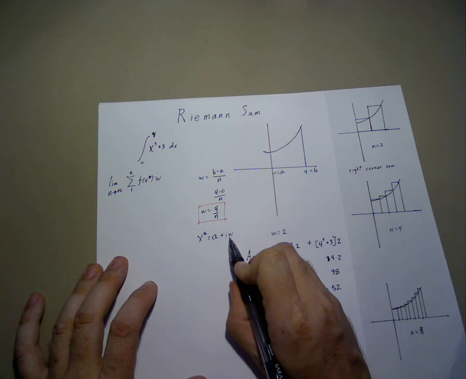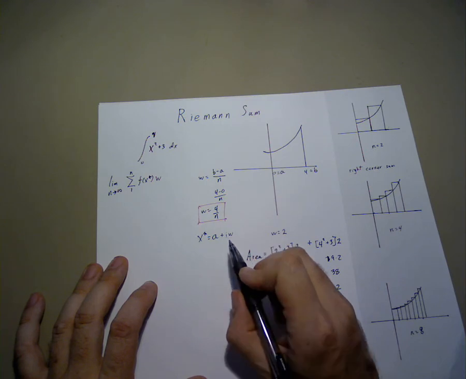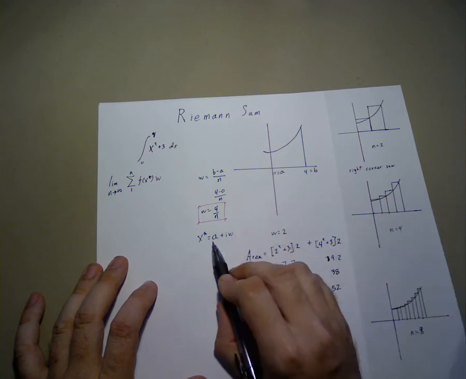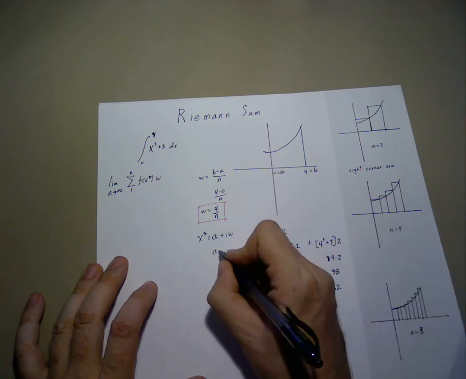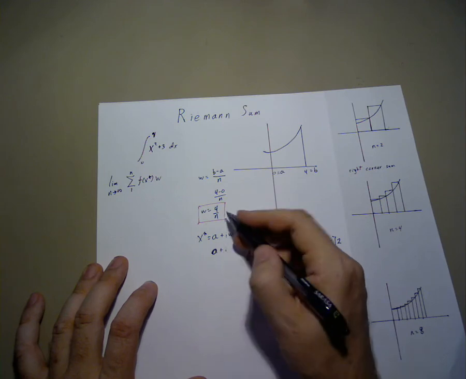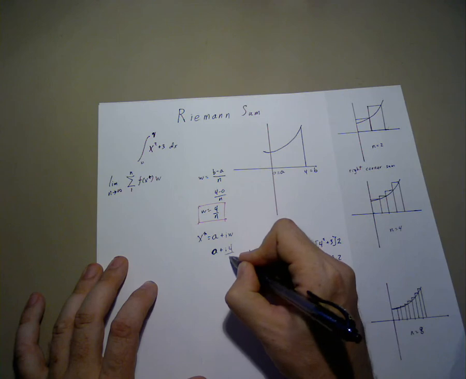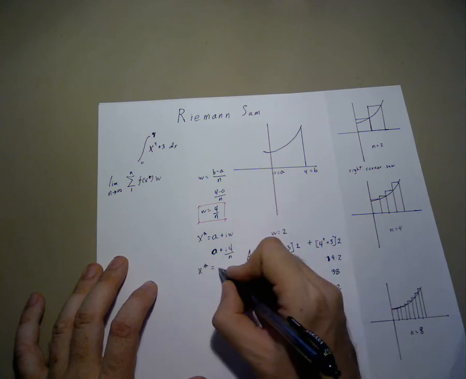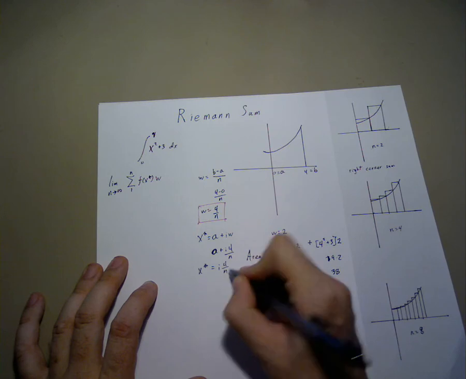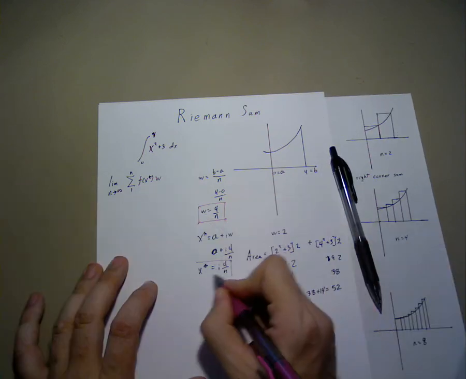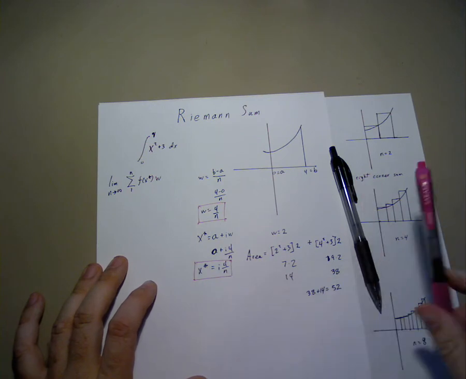This will increment by 1 for each successive rectangle. In our case, a happens to be 0, so we get 0 plus i, w is 4 over n. x star equals i 4 over n. Once again, I'm going to box this because we're going to use this in the rest of the problem.